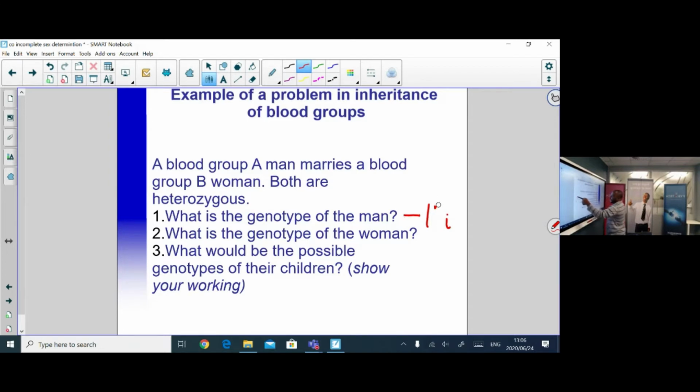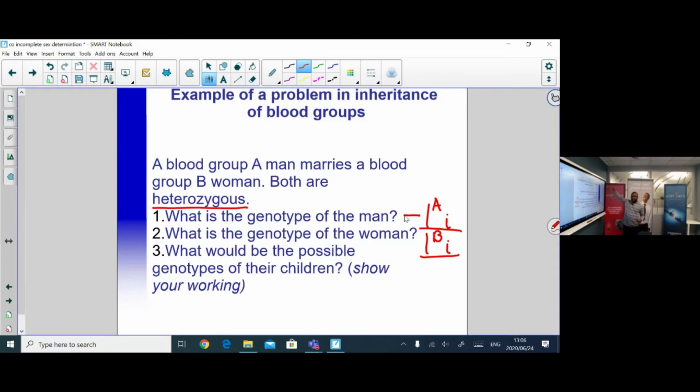Genotype for the woman whose blood group is B. The man is A, so it's I A i. Then the woman is B, so it will be I B i, which means they are all heterozygous. And these are the genotypes. What will be the possibility? I'm not going to do the cross here.